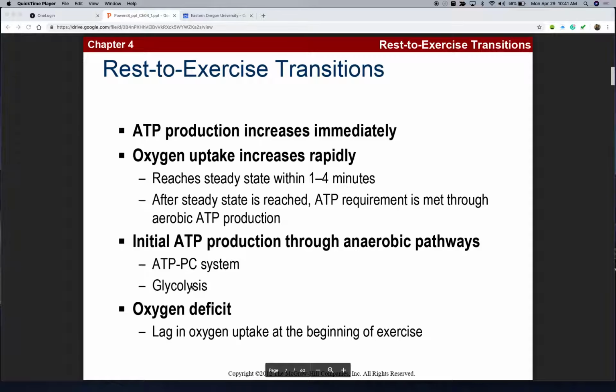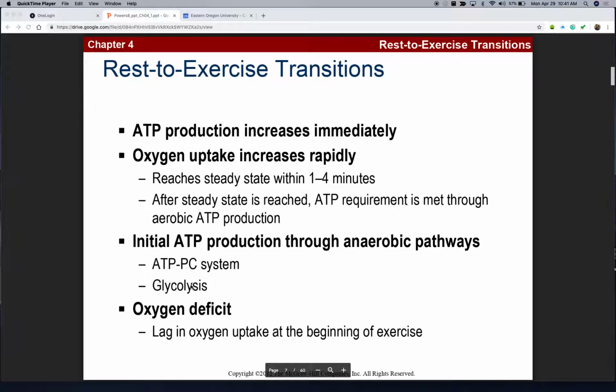Does that make sense? And this is called oxygen deficit or oxygen debt. So if I line up in the blocks and then I take off sprinting, I'm using PCR, my anaerobic system, and whatever oxygen I have in the system until I can get oxygen up into the system and reach steady state.